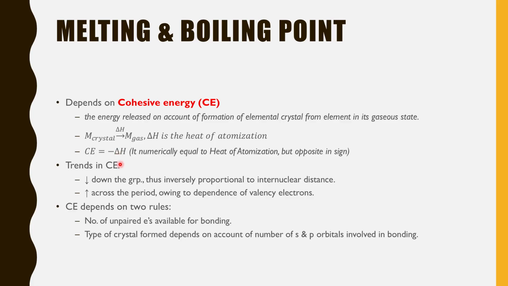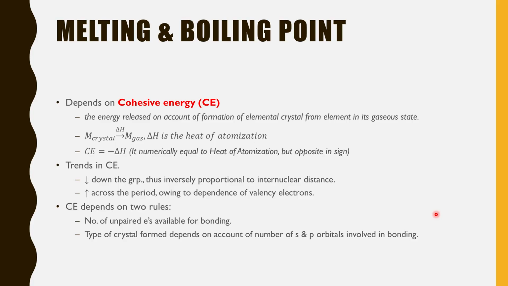Now, if you look into the trends of the cohesive energy, you find that it decreases down the group, and thus it is inversely proportional to the internuclear distance. We can understand this because as we move down the group, the covalent radii or the ionic radii keep increasing.